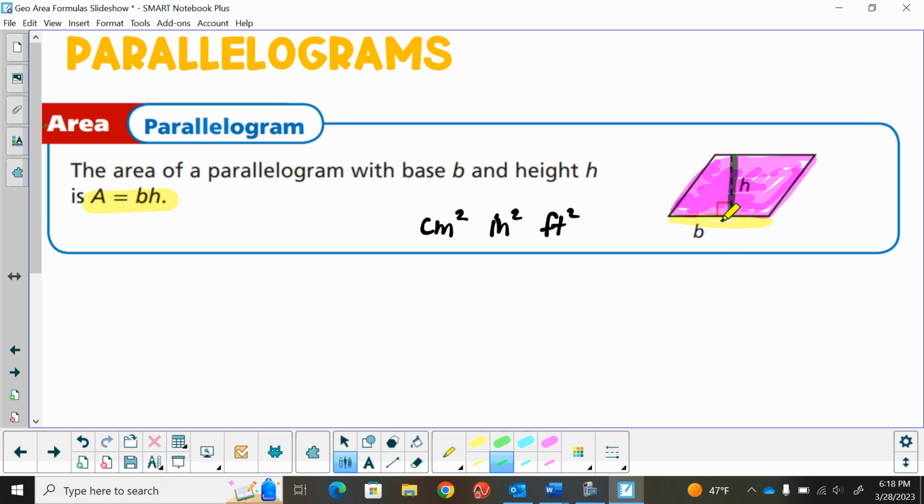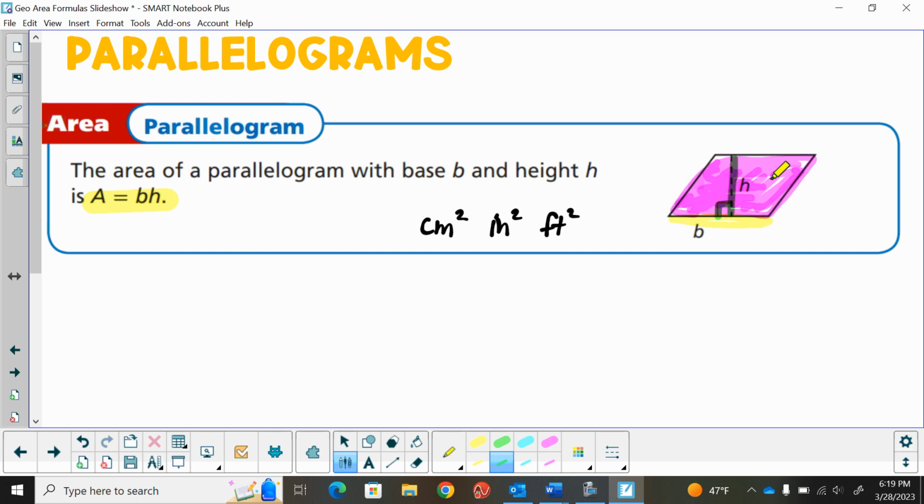And we talked a little bit about this with triangles earlier this year, but to measure the true height of a figure, it is the perpendicular distance from the top base down to the bottom base. Okay, so in the drawing there on your notes, you can see the height there represented.